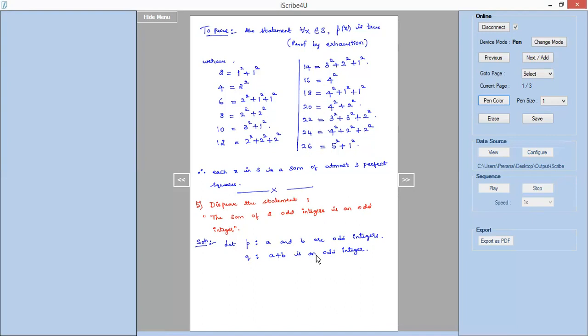Now the proposition to be disproved is P conditional Q. So let us assume P is true and Q is true.